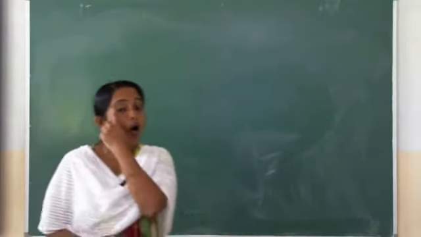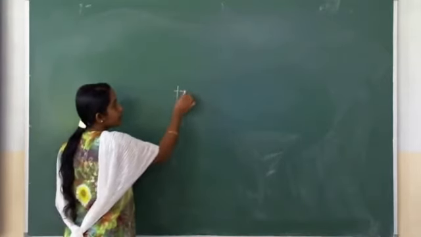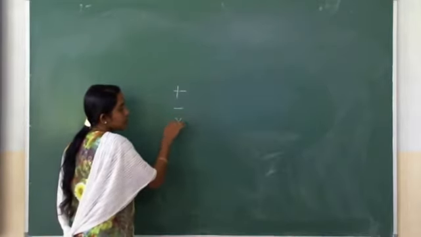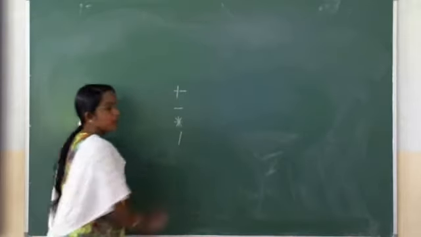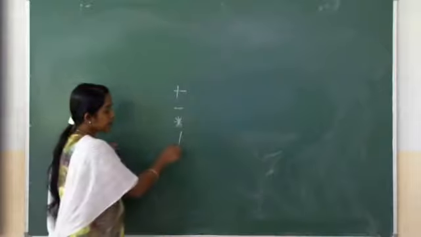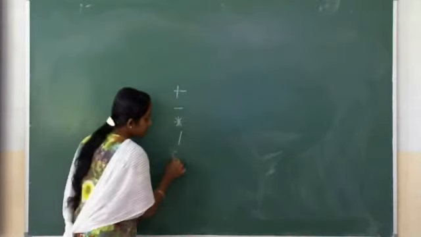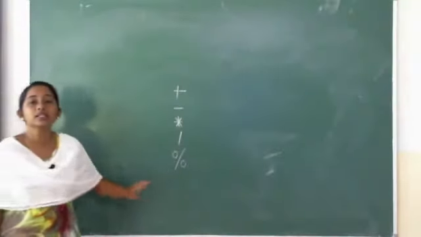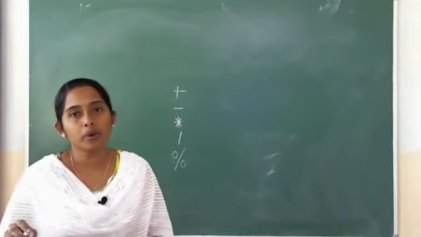So operators means addition, subtraction. The symbol we use for multiplication is the star symbol, and the slash symbol we use for the division operation. The last one is the mode operator, for which we use the percentage symbol, denoting the mode or modulus operator.